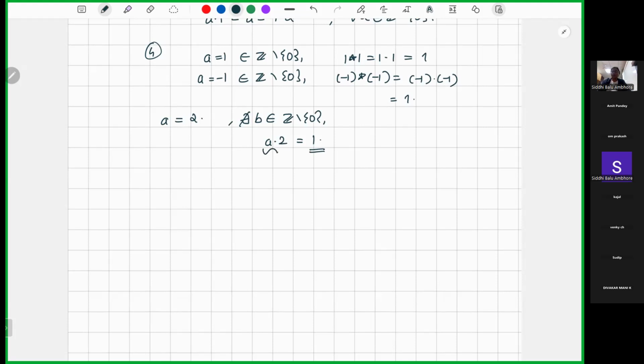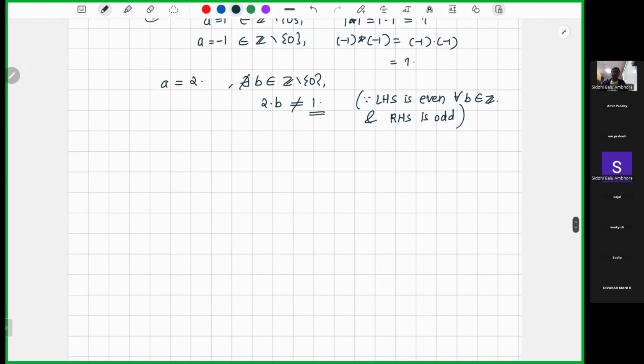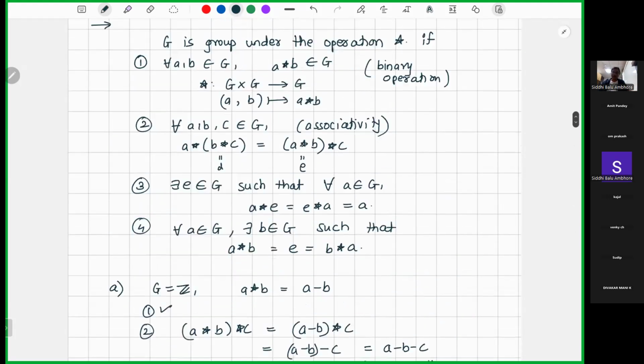It doesn't matter which B we choose from Z minus 0; 2 into B can never be equal to 1, since the LHS is even and the RHS is odd. Is this clear? So this is again not a group.